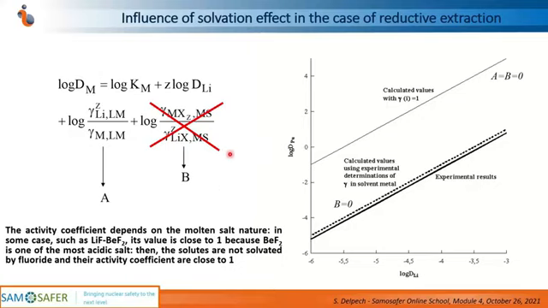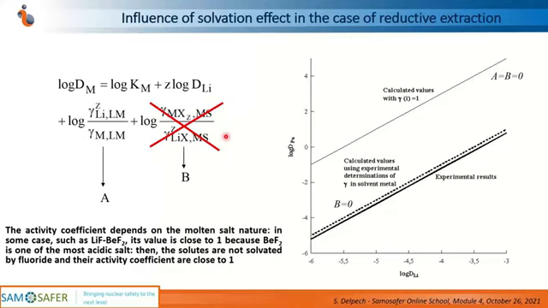Then they conclude that in their case, in lithium beryllium fluoride salt, the activity coefficients of these solutes are close to 1. And that is possible because beryllium fluoride is one of the most acidic salts.